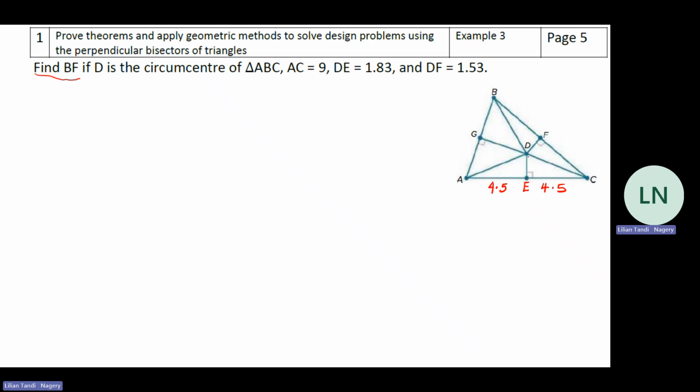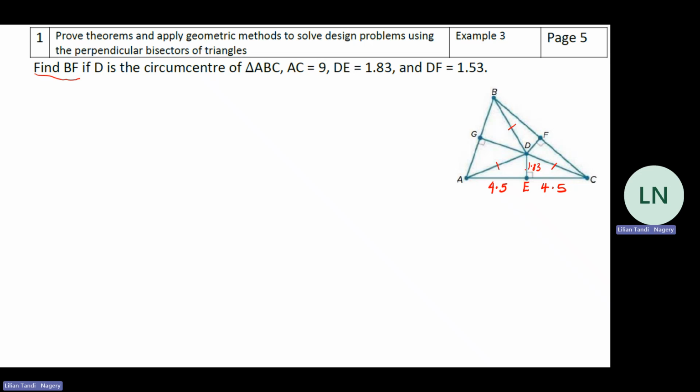And what else do we know? We know DE, which is this one here, is 1.83. And we know this is equal to this, which is also equal to that.